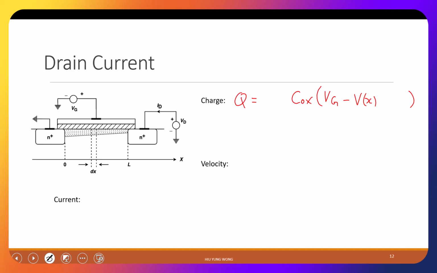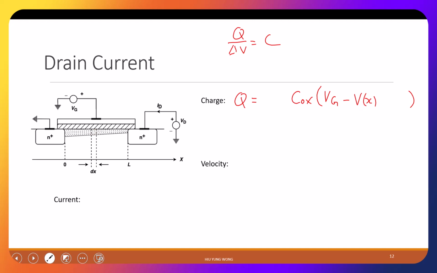Q over V equals C. Q over delta V equals C. That is the definition of a capacitor. So the charge across this capacitor is equal to Cox times Vg minus Vx. But the point is Vx is different at every point, so I cannot say that this is the overall. I can only say that at x equal to this point, how much charge I have.